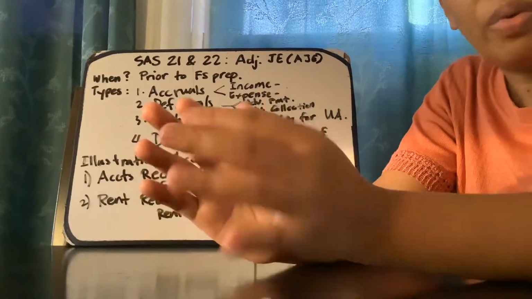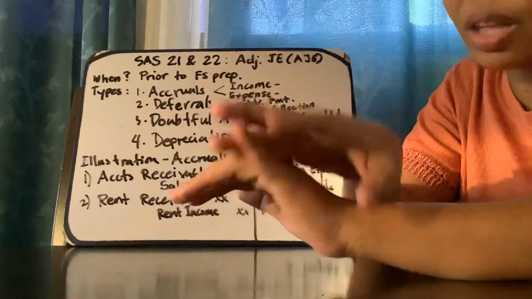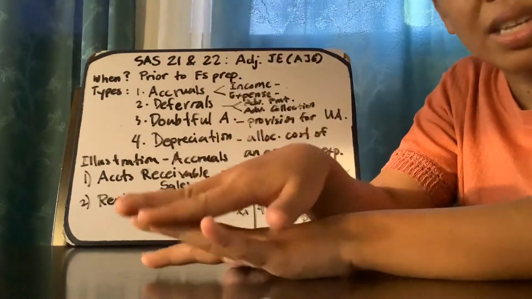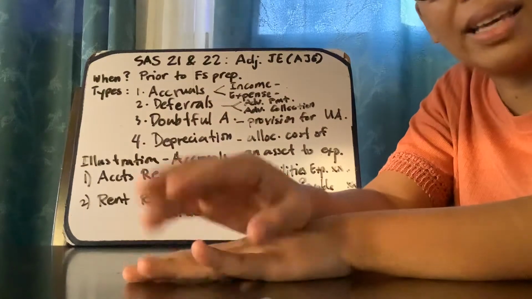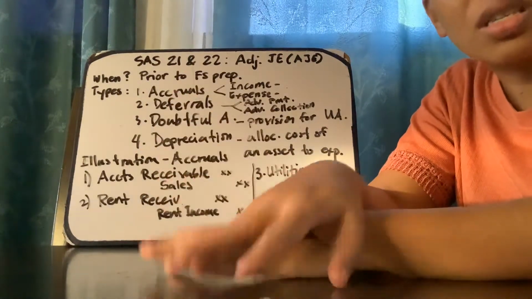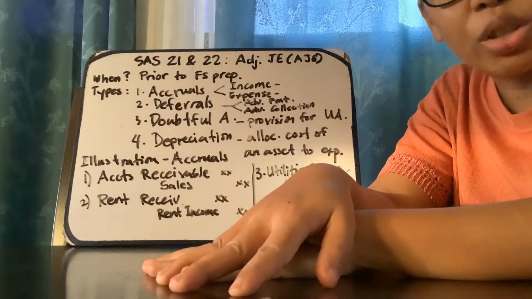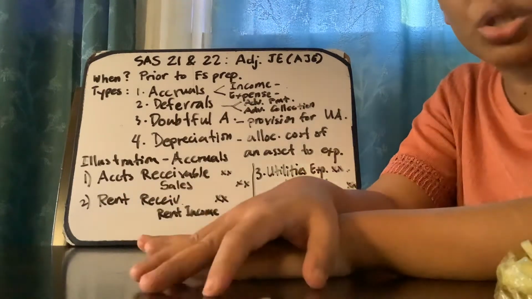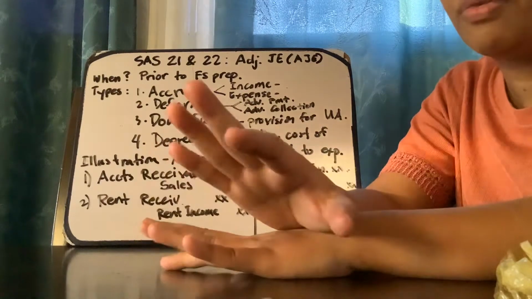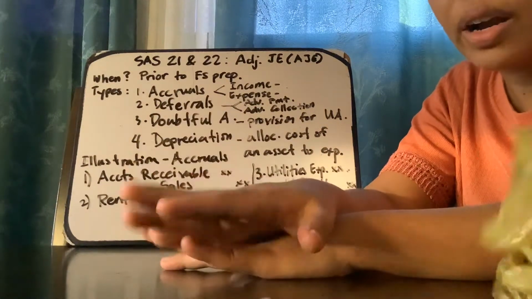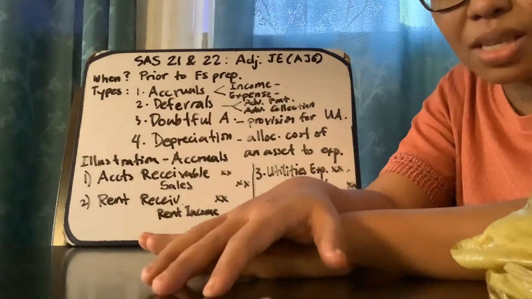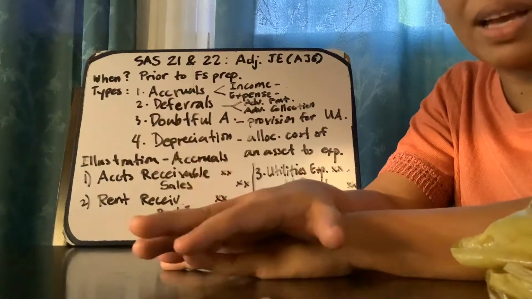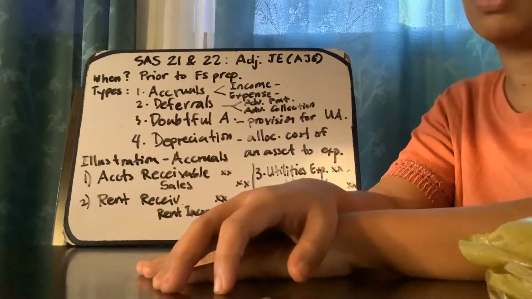So, we've learned at the very start of the class that there is a need for us to analyze transactions, whether transactions in the business are to be recorded or not. When we talk of transaction, we are referring to transactions that are relevant in the business, transactions that will affect our financial statements.